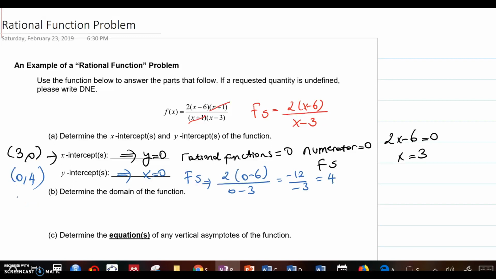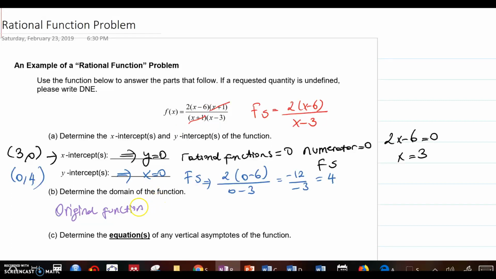Okay. Now determine the domain of the function. When we're looking at the domain, we need to consider the original function, because we've done some simplifications there. Accidentally, we might forget that simplification. x plus 1 over x plus 1 is 1. However, we need to take it into consideration.